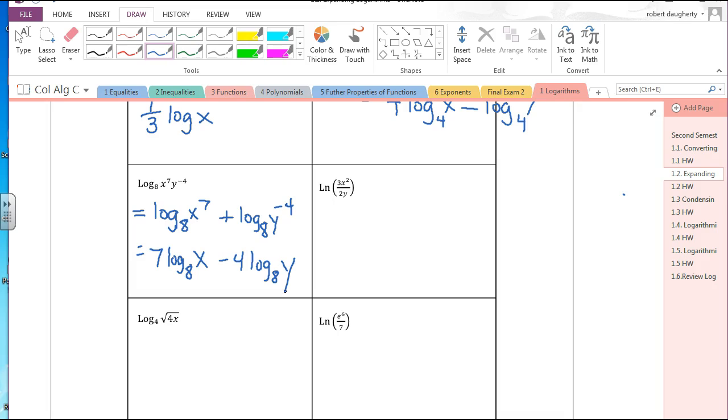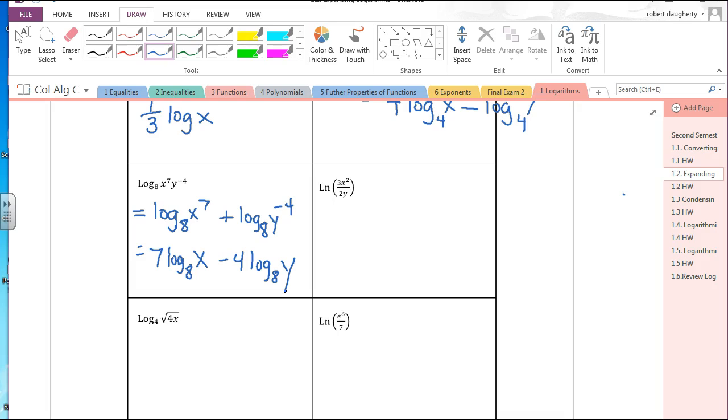Let's look at the next one. What do you see? Products, powers, or quotients? I see a quotient. I see powers. I also see what? I see all of it. I've got 3 times x squared, so that's a product, a power, and I've got a quotient there. So I'm going to have to use every rule that I have to simplify this one.